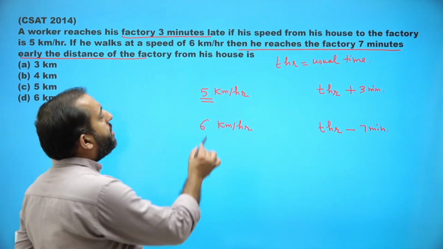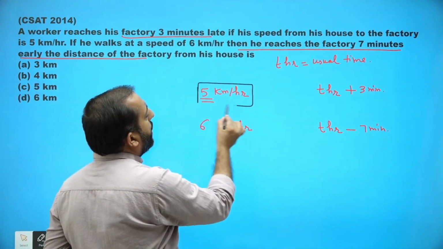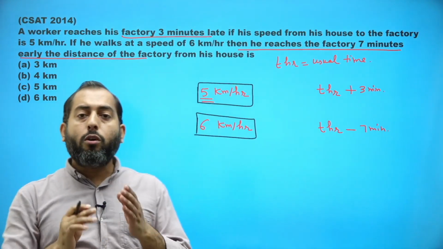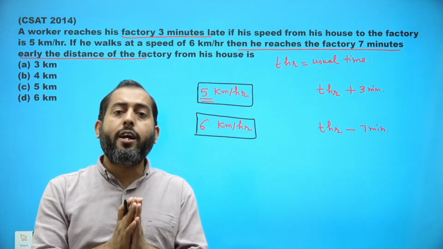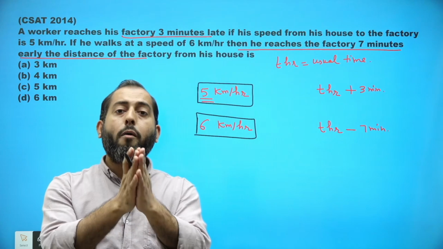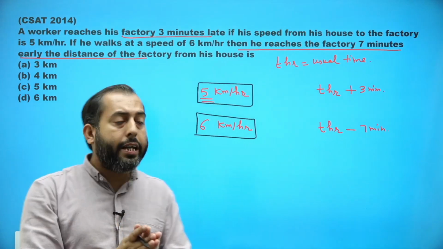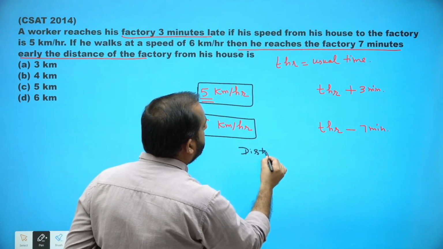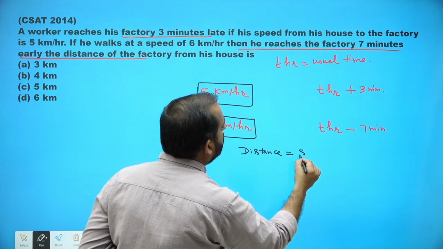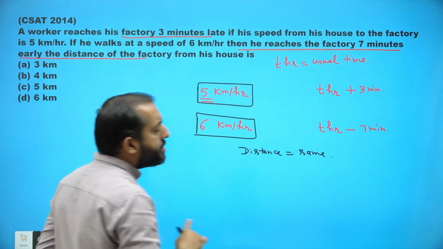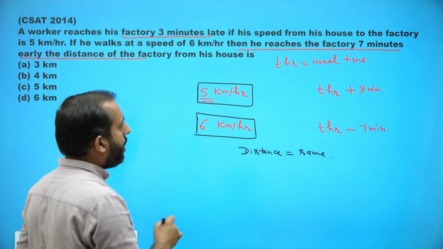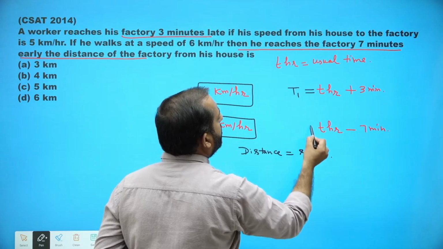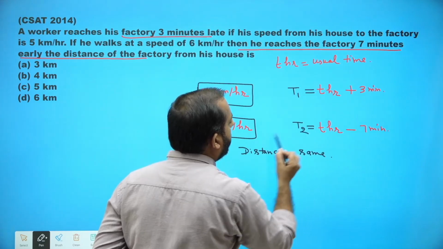Now, whether he is traveling at a speed of 5 km per hour or at a speed of 6 km per hour, in both scenarios he is walking to his factory from his place. So definitely the distance traveled by that person in both scenarios is the same. Let's say this is the time taken in the first scenario, T1, and this is the time taken in the second scenario, T2.